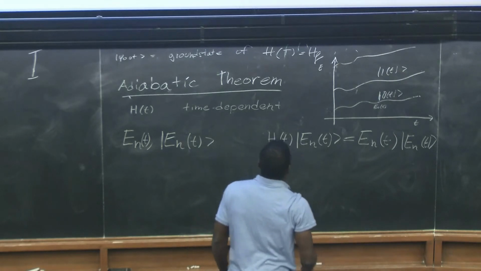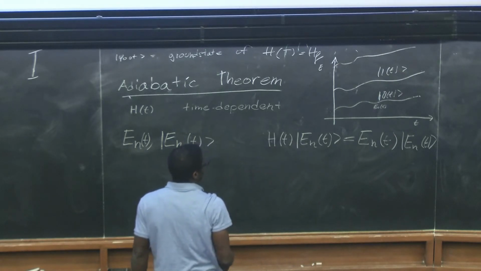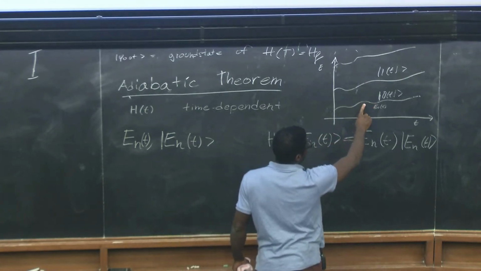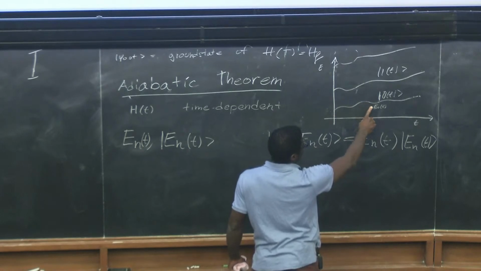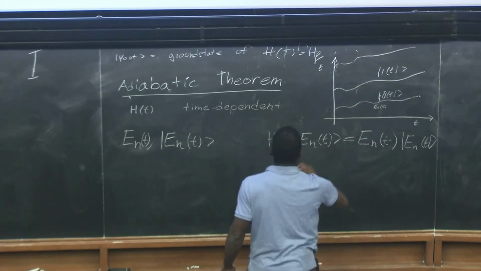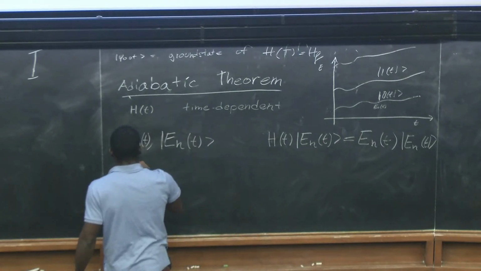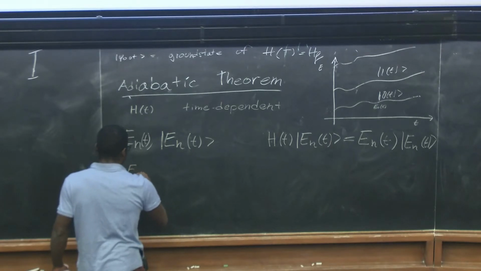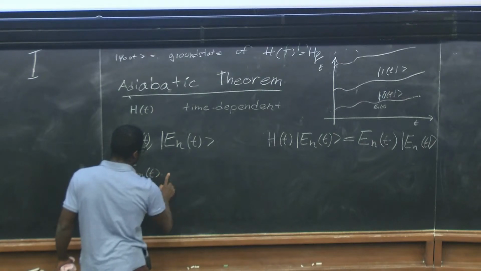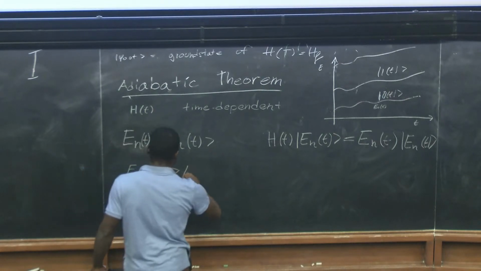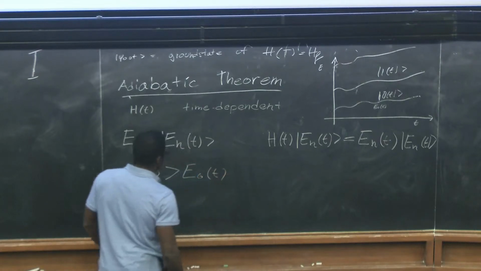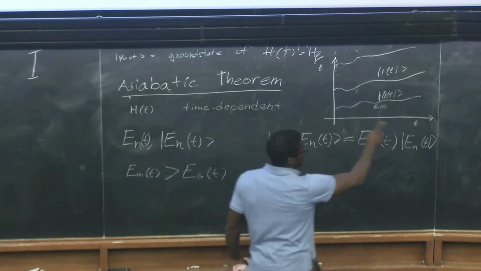Okay? And we make the hypothesis that these levels do not cross. In particular, that the ground state, A0, since it's the ground state, Am of t is always going to be greater than A0 of t, meaning that this cannot happen.